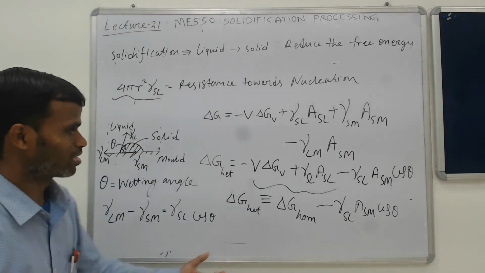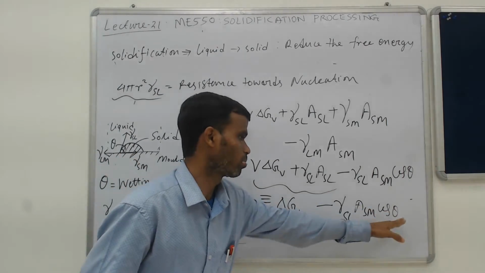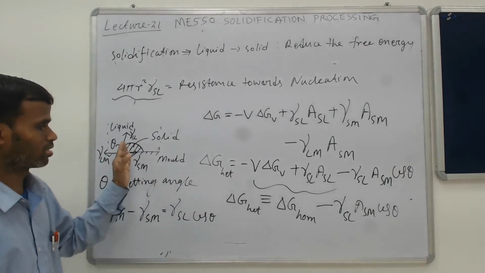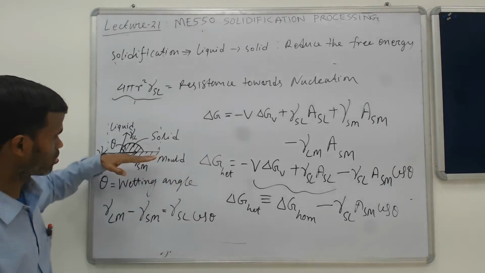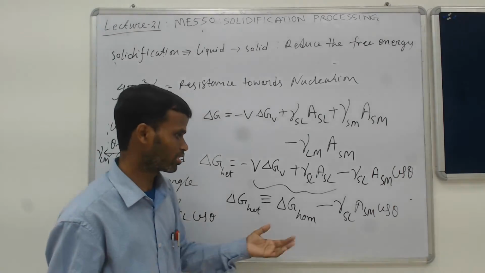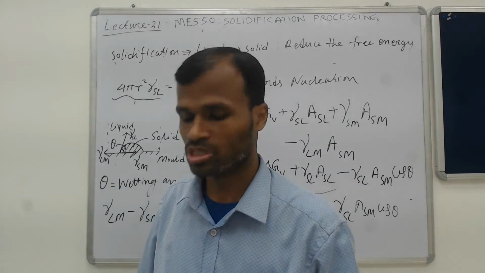You see this is a negative term. So you need this much less energy to form a solid nucleus in presence of a substrate which facilitates the nucleation. That is the benefit that we get in heterogeneous nucleation over homogeneous nucleation.